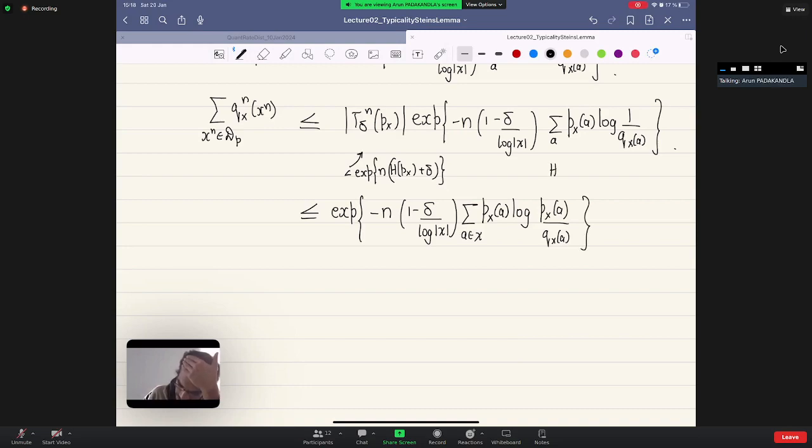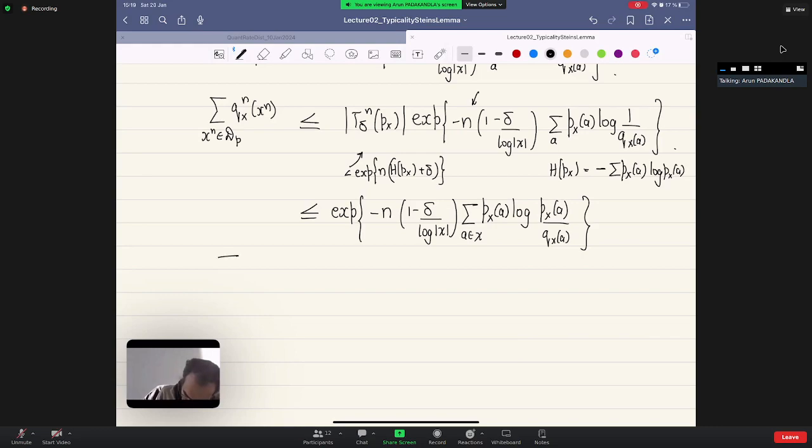Remember, H of P_X is minus P_X of a log P_X of a, and when I put it with the minus here, I have to put it in the numerator. So that's it. So what have I got?